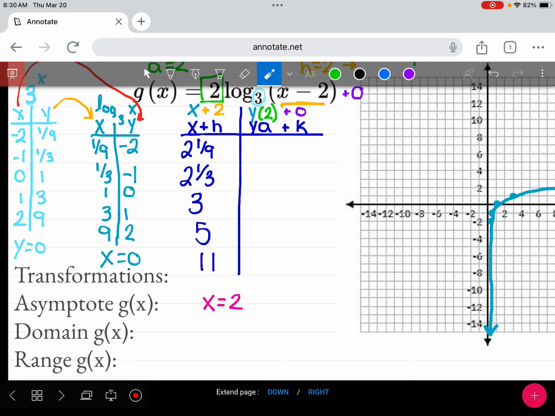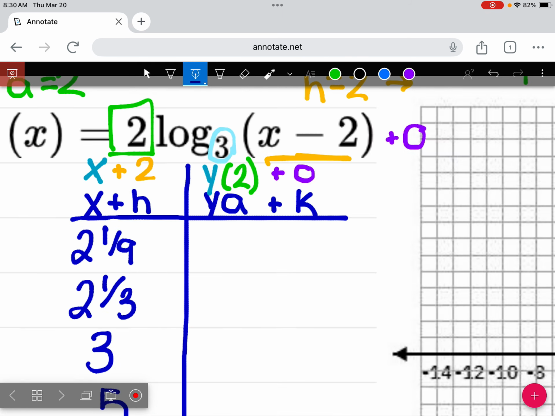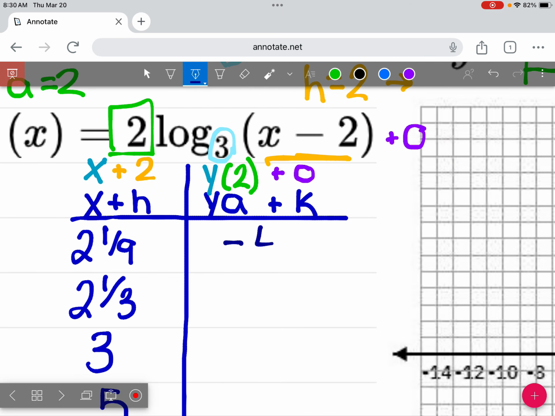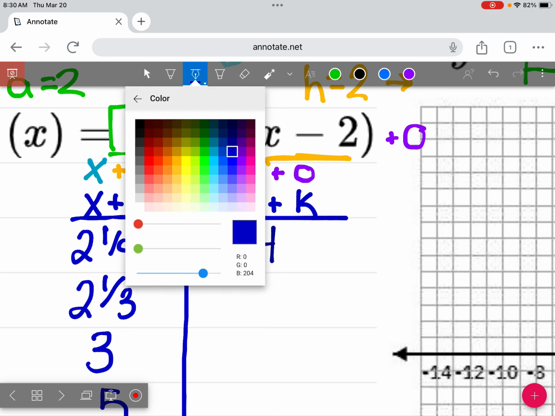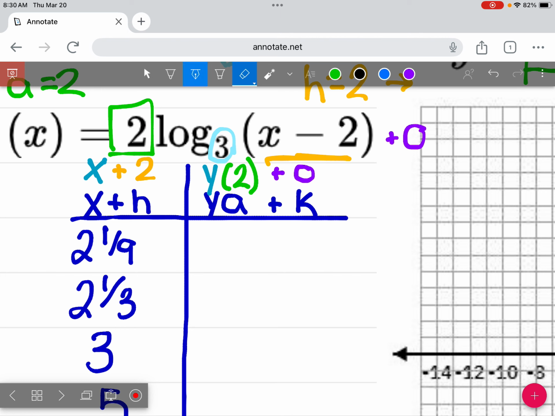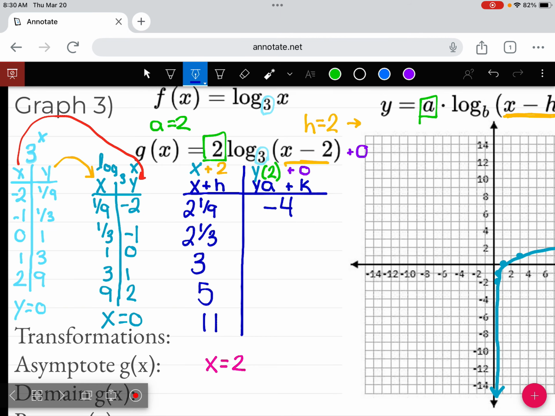So then we're going to do our y transformations, and it's the very same vibe. I'm going to take my y's from over here, and we're going to run it through these transformations. I'm going to take my y's times 2 plus 0. So my -2 times 2 gives me -4. That is the wrong color, blue. There we go, now it matches.